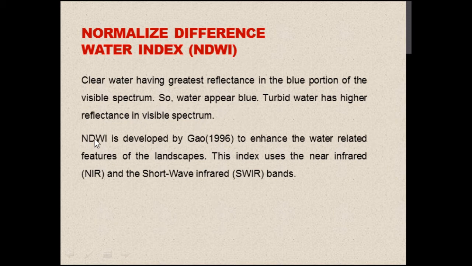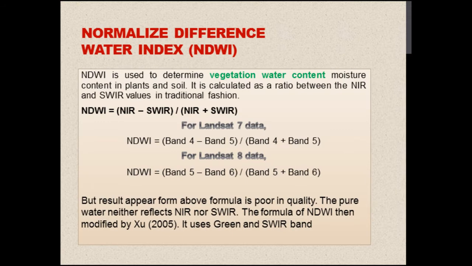NDWI was developed by Gao in 1996 to enhance the water-related features of landscapes. This index uses the near infrared region and the shortwave infrared bands, that is NIR and SWIR. It is mostly used to determine vegetation water content, that is moisture content in plants and soils.